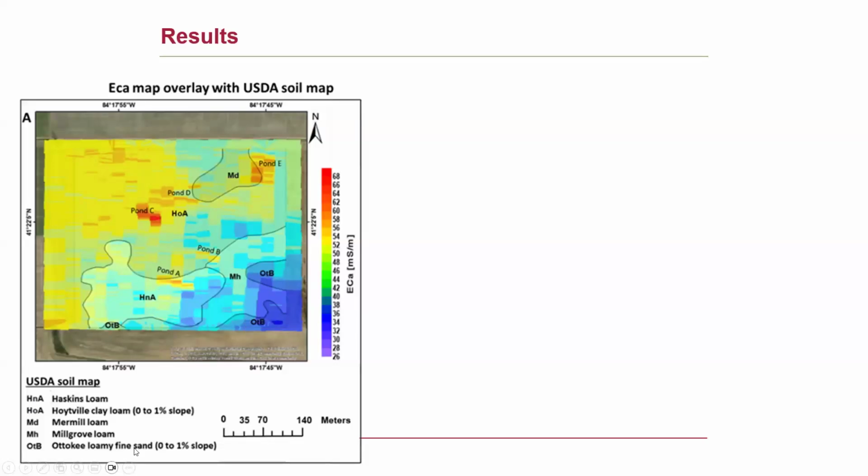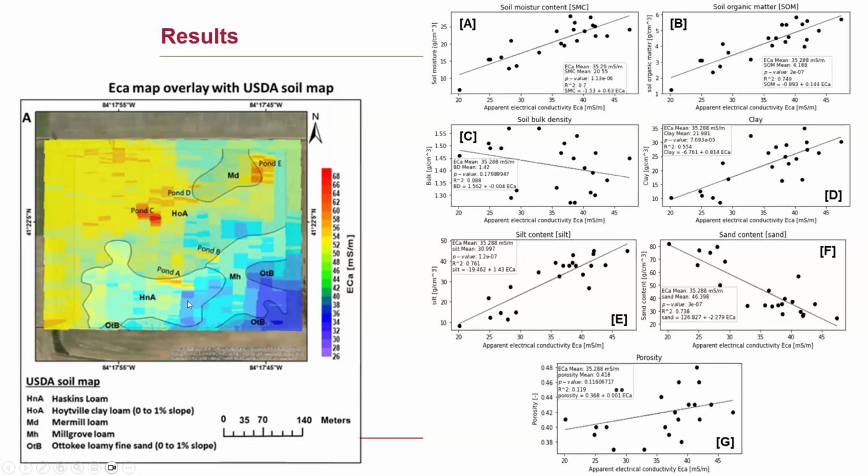Then the OTB are basically sandy soils, and we expect the sandy soils to have lower electrical conductivity compared to the clay soils, where you see higher electrical conductivity, and everything that's in between. That gave us some level of confidence to say, okay, it looks like our electrical conductivity data sets look reliable. At least we can validate it with the soil map of the region.